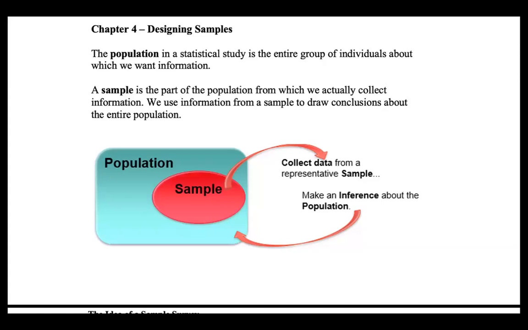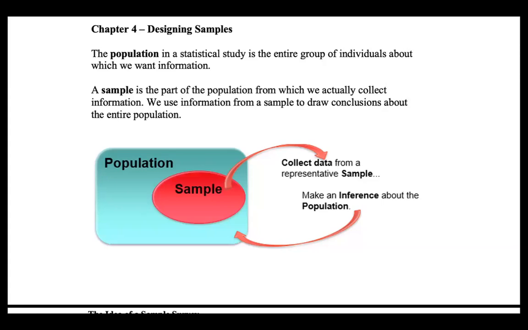All right, so that being said, the first part of chapter 4, we talk about samples, okay? What a sample is, how to get a good sample, what's the difference between a good sample and a bad sample, all that stuff. So first word, population. Population in a statistical study is the entire group of individuals we want information about.